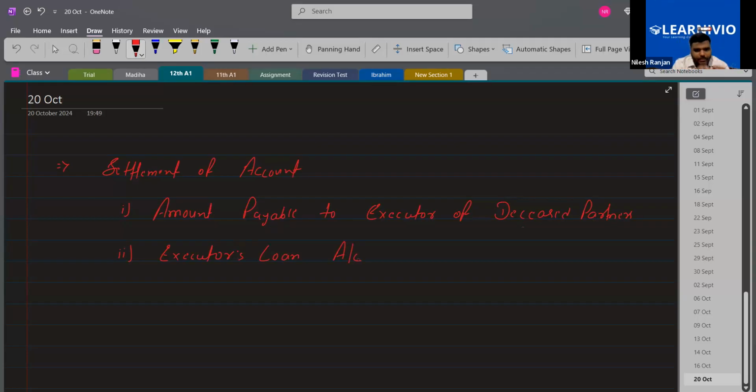In the same manner, what we are going to do here, we have done things in retiring partner capital account. So at the end of the year or at the time of his retirement, we prepare capital account of retiring partner, then calculate the amount payable. After calculation of amount payable, if we are paying something in cash, then we pay it, and the balance is transferred to his loan account.